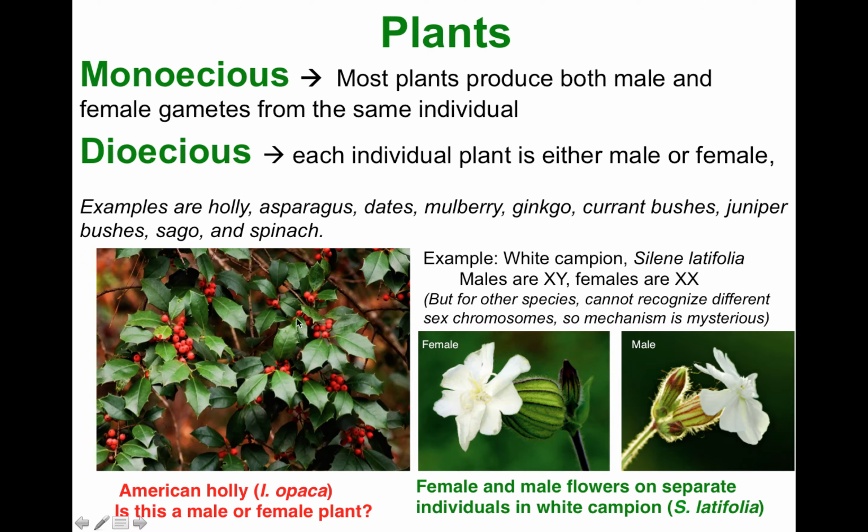So here's the American holly. Below here, a good question to ask yourself, is this a male or a female plant? How can you tell? The white campion has XY chromosomes to determine that they're male, or females are XX. You can look at the flower here and see that this is definitely a female flower because the seed pod is bulging where all the seeds are going to be, and the male flower does not have that.